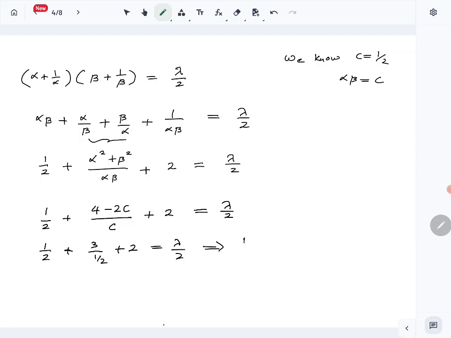Then we have half plus 8 equals lambda over 2, or lambda equals, let's multiply by 2, so lambda equals 17, right? So that is the answer for that part.